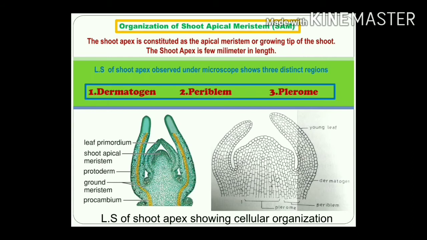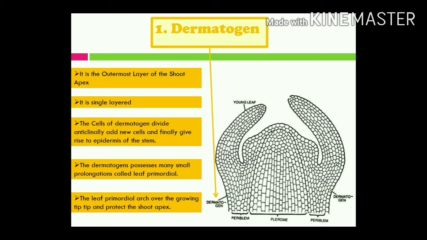Again, the shoot apical meristem can be understood by the histogen theory, and it is divided into three layers as we have discussed in the root apical meristem.